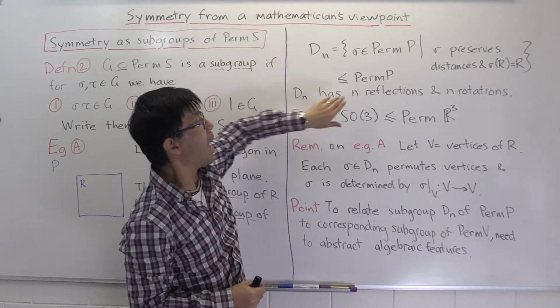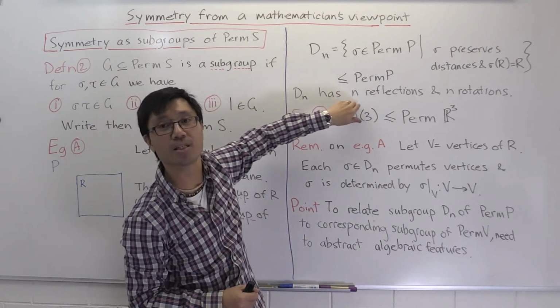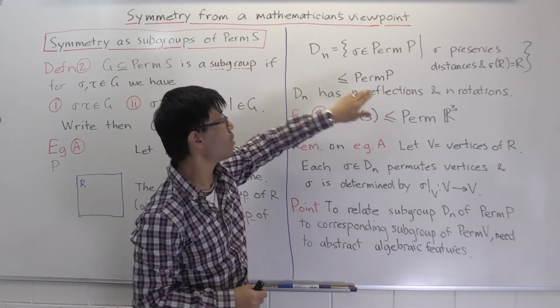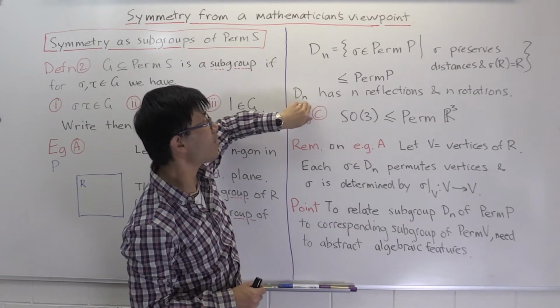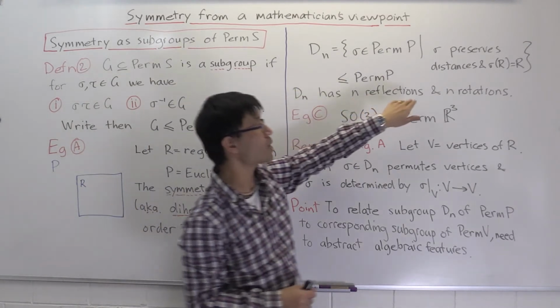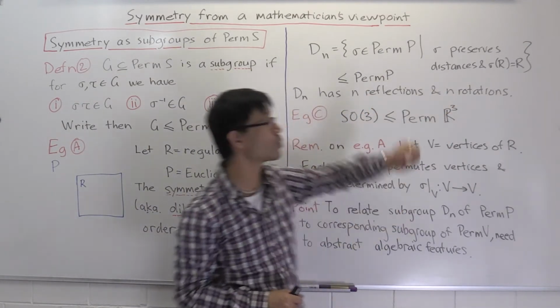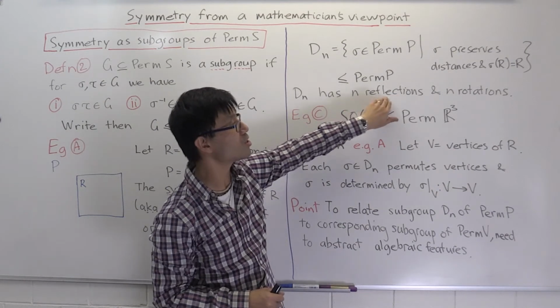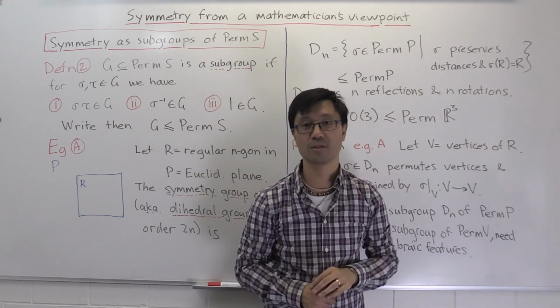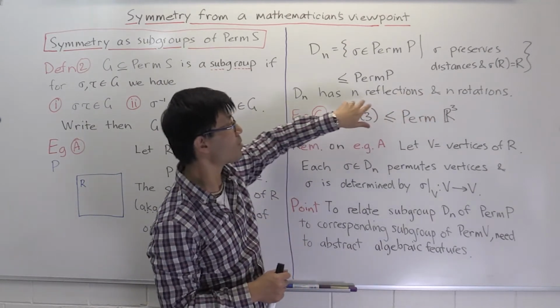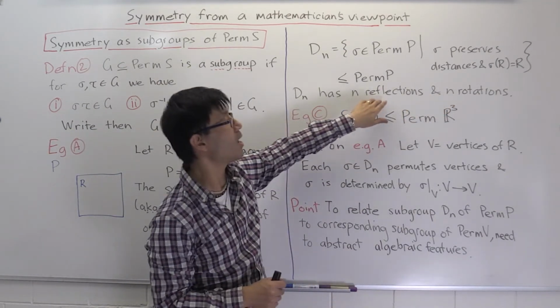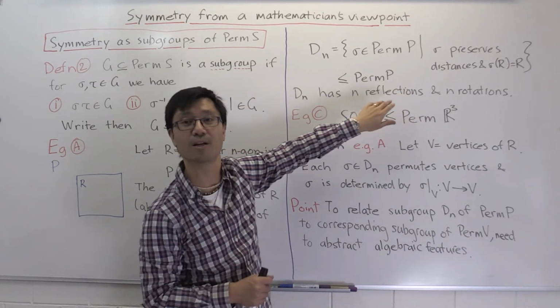Okay, great. And the other thing to note is that it's quite easy to see, using linear algebra, what the elements inside here are. In general, if you have a regular n-gon, just as we had reflections and rotations before for the square, you'll get n reflections and n rotations. Now, if you try to check the axioms from this description, it requires you to use interesting facts from linear algebra.